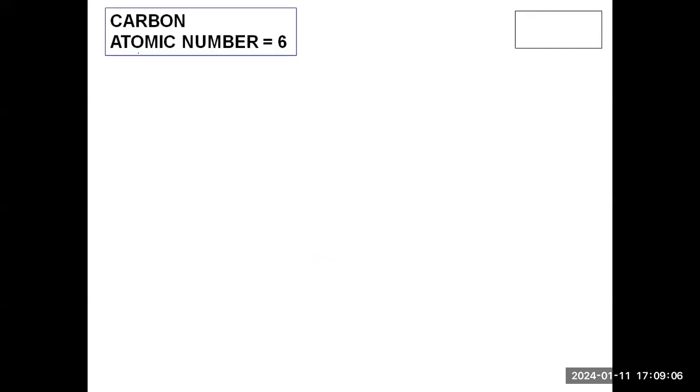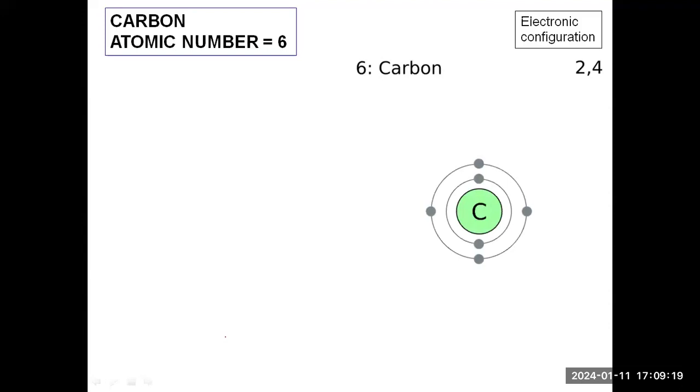Because the atomic number of carbon is 6, it has the configuration 2, 4: 2 electrons in the first shell and 4 electrons in the second shell. You can see the diagram where the two shells are shown. These are 1 and 2 electrons in the first shell, and in the outer shell 1, 2, 3 and 4.